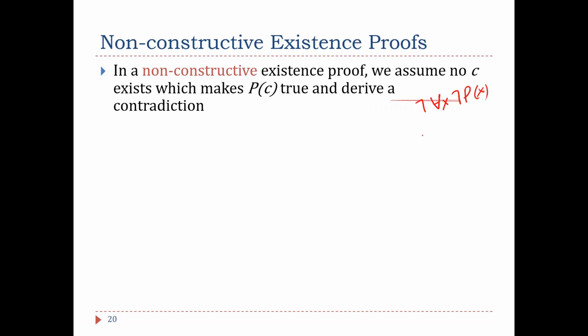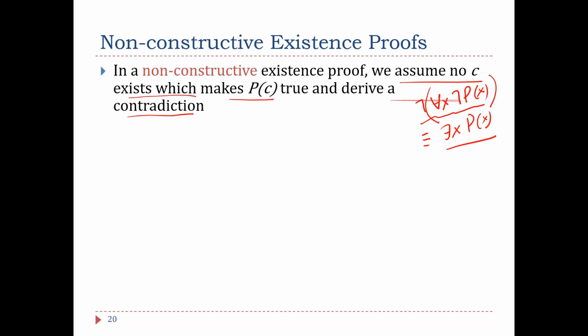Okay, well, this is equivalent to the fact that there must be a value for which the property holds. Okay, so we call this approach non-constructive existence proof. So in which we assume that no c exists which makes p of c true, and then we derive a contradiction afterwards. Okay. So if not for every x not p of x, then clearly there must be an x such that p of x.